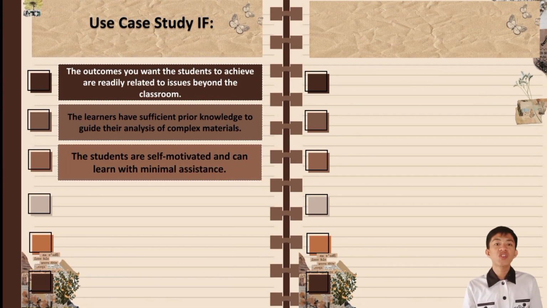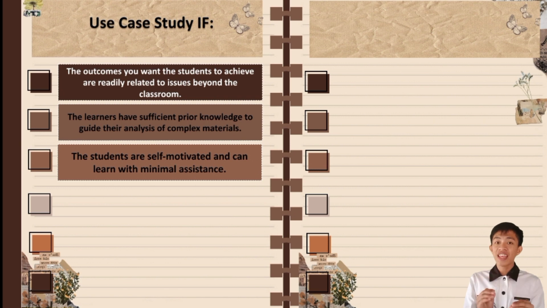Okay, so use case study if, three, the students are self-motivated and can learn with minimal assistance. So, I have to discuss that there are two kinds of motivation, the intrinsic and the extrinsic motivation. You have to let the students be intrinsically motivated to learn. And you cannot use case study in your classroom if the students are not self-motivated to learn.